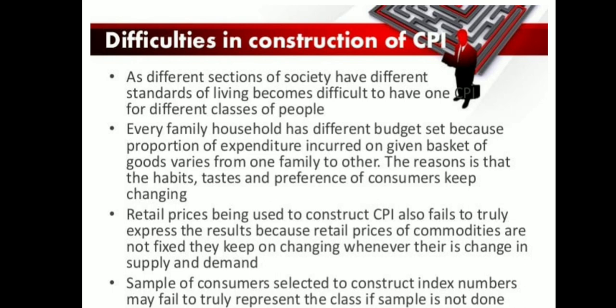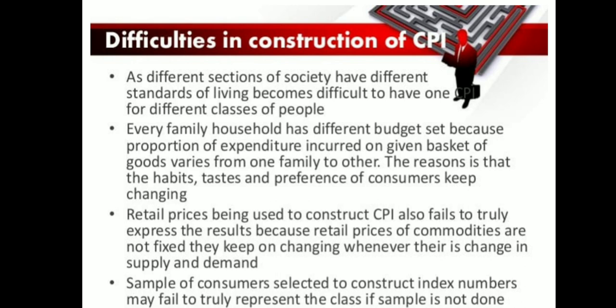Then retail prices being used to construct the consumer price index also fail to truly express the results, because retail prices of commodities are not fixed. They keep on changing whenever there is a change in supply and demand.